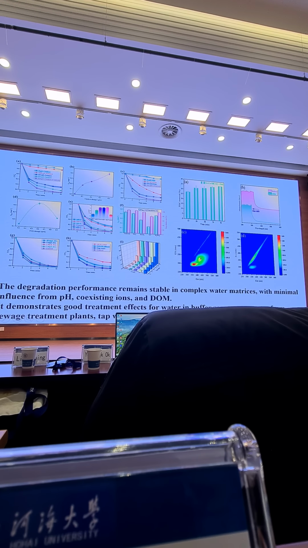It demonstrated good treatment effect for the water in buffer zones, wastewater from the sewage treatment plants, tap water, and the pharmaceutical wastewaters. We have been working on the real case with a nearby pharmaceutical company.